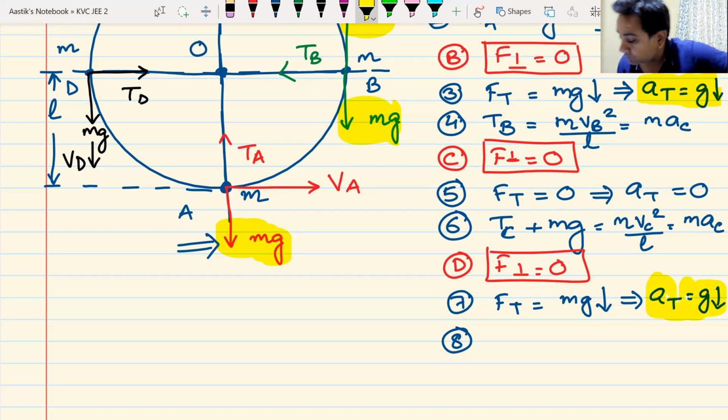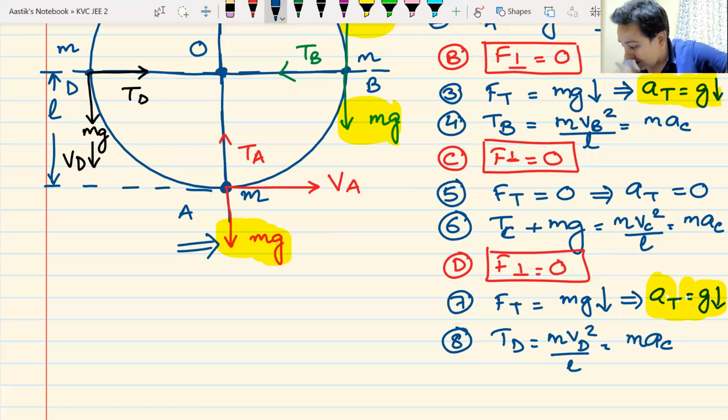TD is equal to m VD square by L. Yes, TD is equal to m into VD square by L, and that will be equal to m into AC, centripetal acceleration. C does not stand for point C. C stands for centripetal acceleration. Yes, Santosh, you are also there in the class. Well done.